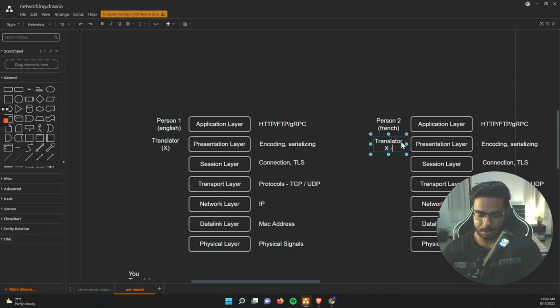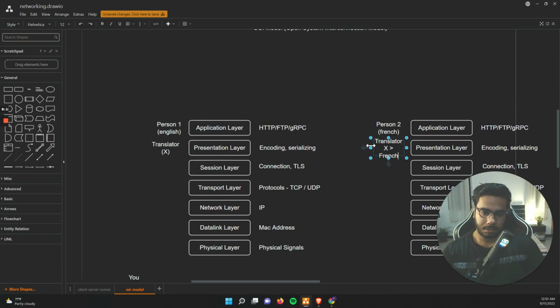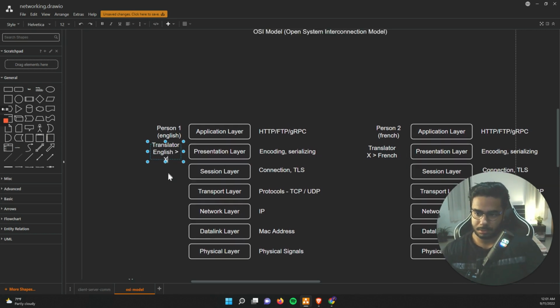Basically this translator can translate from X to French, and this translator can translate from English to X, and so on. It will go both ways actually. Yeah, they can do either way.